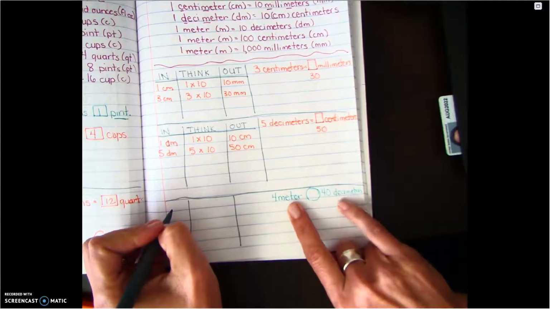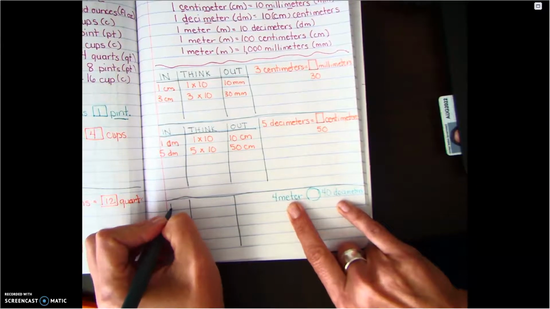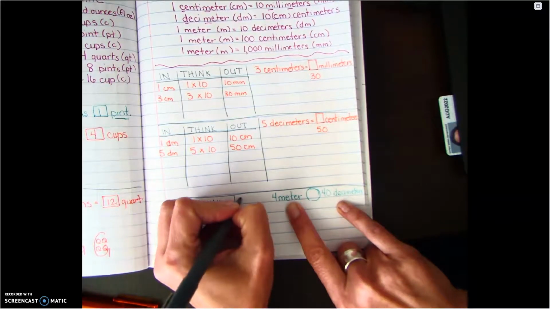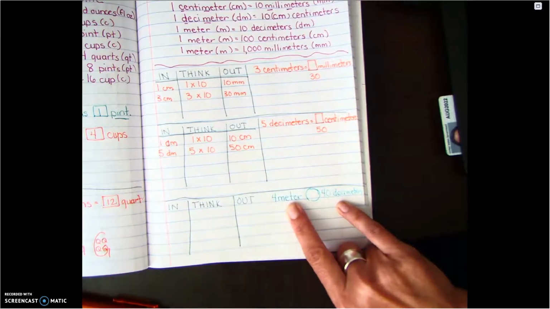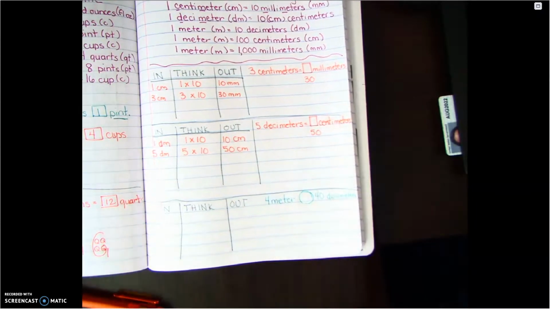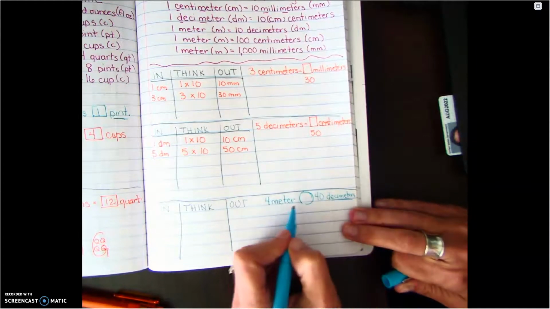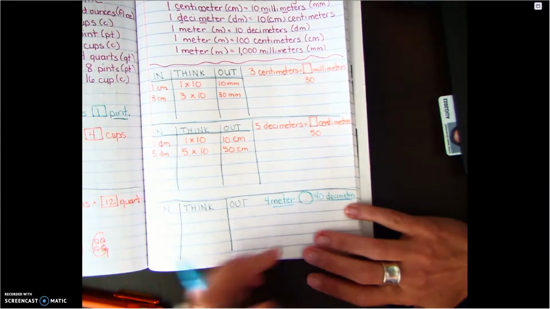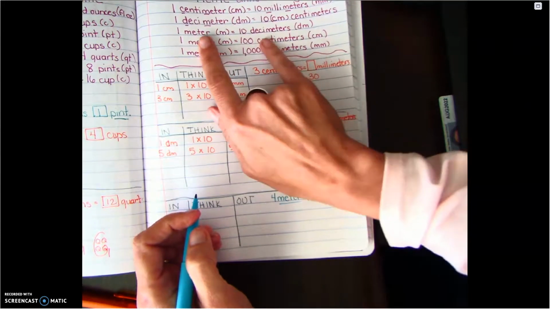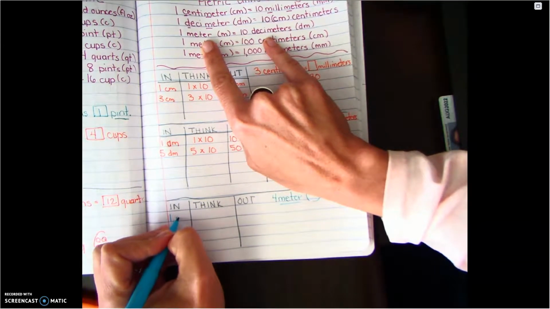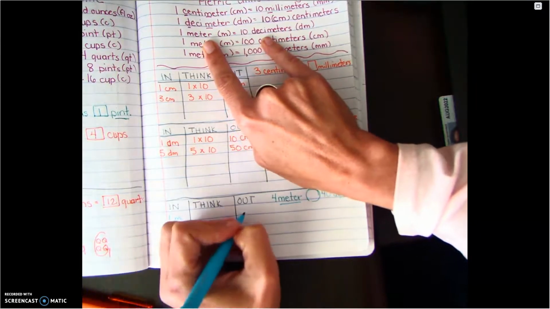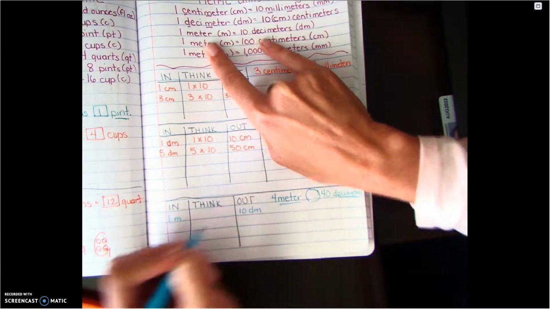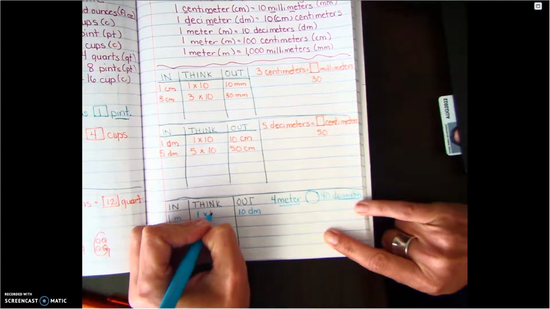So I'm going to change my meters to decimeters. So I'm going to go in, think, out. So when you get one of these, you have to think to yourself, okay, to compare them, they both have to say the same thing. So I'm going to come up here for my meters and decimeters. So my in is 1 meter is 10 decimeters. Okay, so that's going to be my 1 times 10.